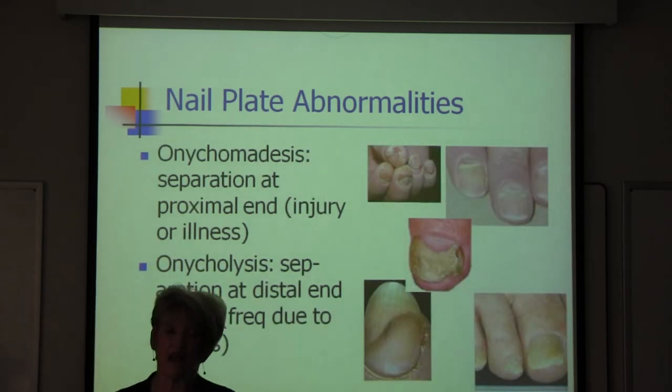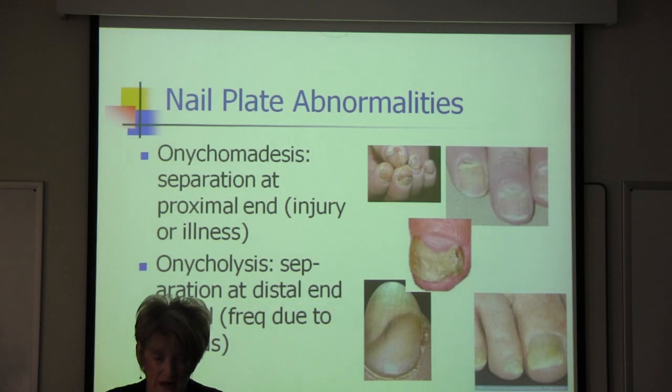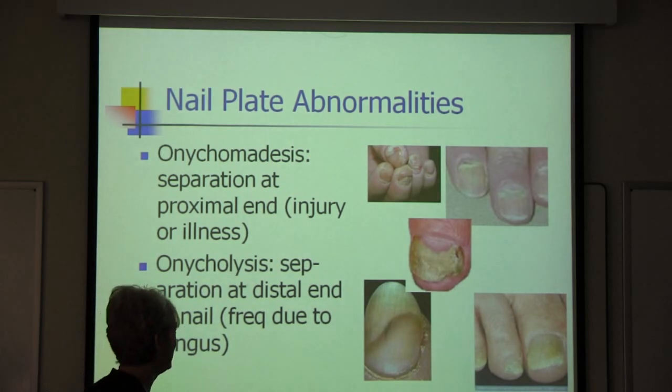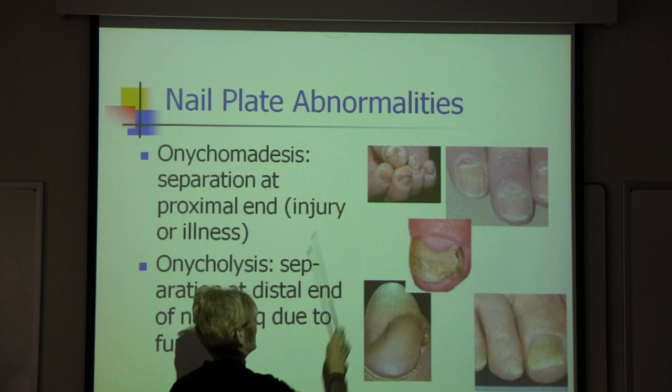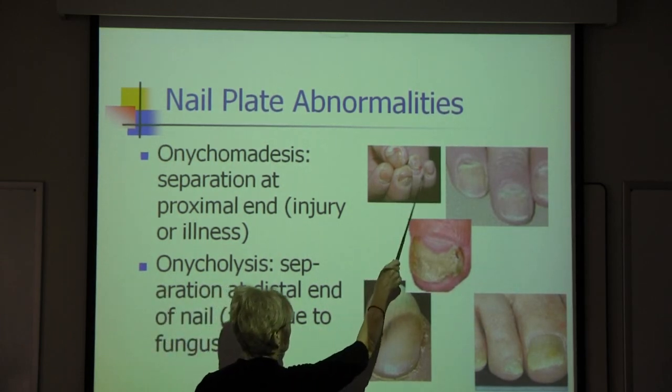Onychomadesis and onycholysis. This is when the nail plate begins to separate from the underlying nail bed. Onychomadesis is separating at the proximal end. We don't see this a lot. I have seen it in a few patients. This is usually due to illness or injury. You can see how the nail is not adherent at the proximal end.